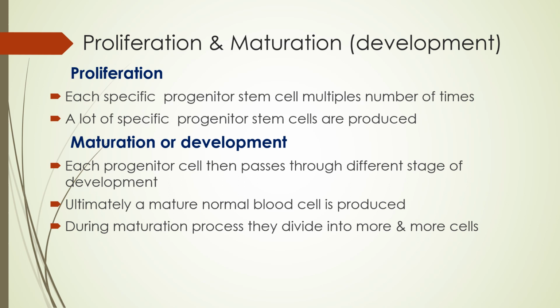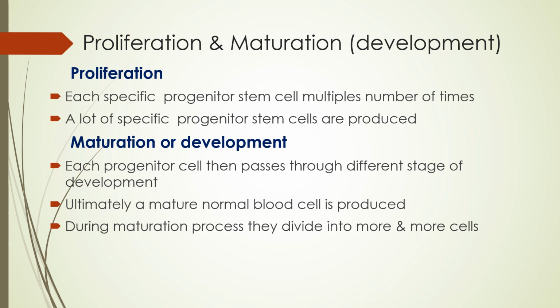This myeloblast will undergo multiplication again. So one myeloblast will form many myeloblasts. Each myeloblast then develops into a promyelocyte. The promyelocyte will also multiply, and one promyelocyte will produce many promyelocytes. Each promyelocyte which has been produced then develops into a myelocyte.